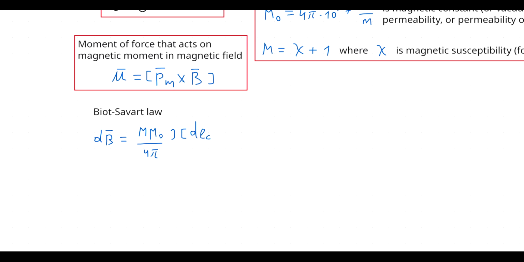Lower index c means that dl is a part of the conductor. Multiplied by vector r and divided by r to the power of 3.